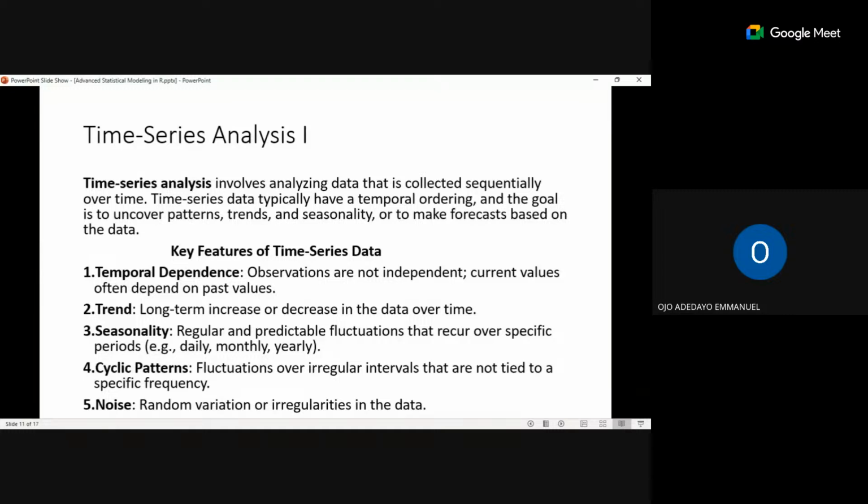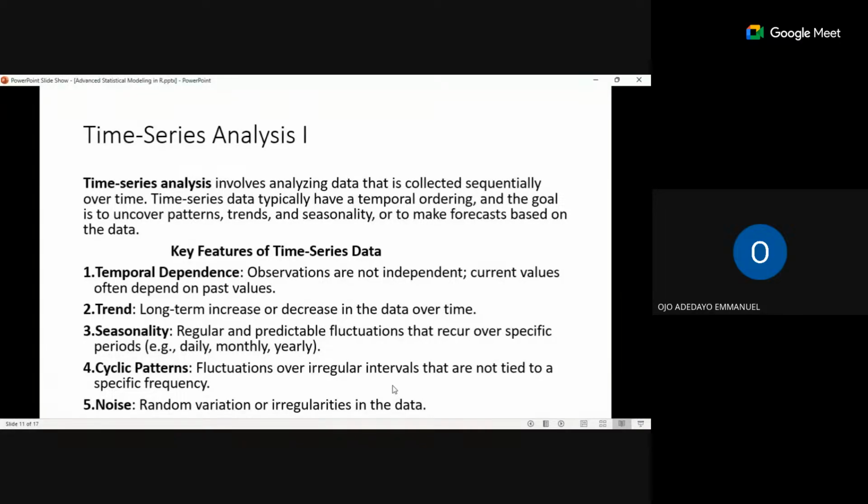Then we have the seasonality. We are going to check the regular or predictable fluctuation. Is it daily fluctuation? Is it monthly? Is it yearly? Let's say, for instance, for females who have a menstrual period, that one is monthly. If they have a problem with the period, they can track it over the year or over two years, and from there you can check whether the pattern is regular or irregular.